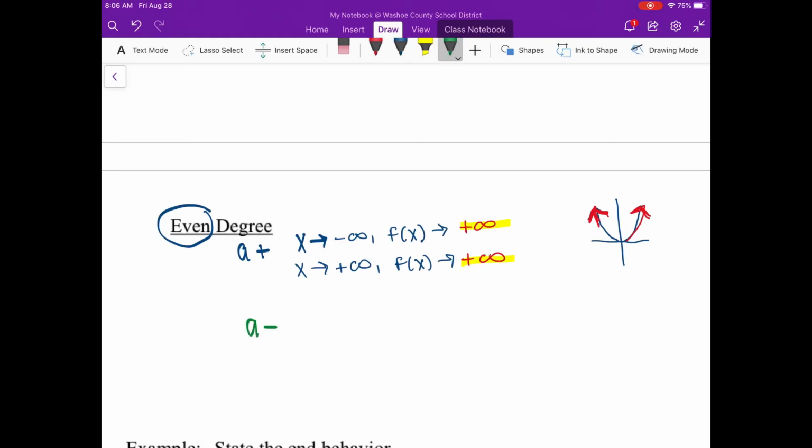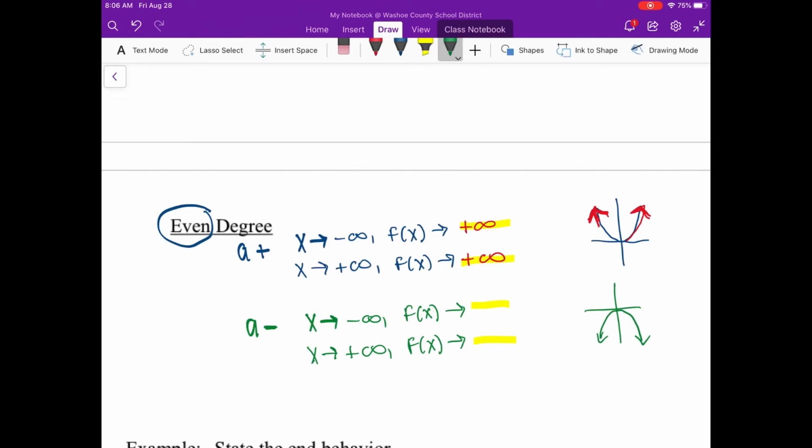When a is negative for an even degree polynomial, again, you start off the same way. As x goes to negative infinity, f of x goes to what? As x goes to positive infinity, f of x goes to what? So this is what's changing. And now I'm going to draw the most basic even function I know, but with a negative in the front.